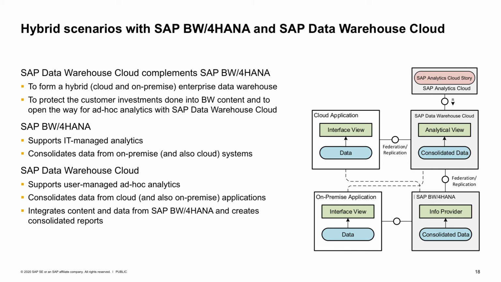And on the other side, SAP Data Warehouse Cloud is used for ad hoc reporting, and it consolidates data from cloud primarily, but also can access the on-premise applications from SAP BW for HANA by replication or federation. And it can also integrate the content and data from SAP BW.